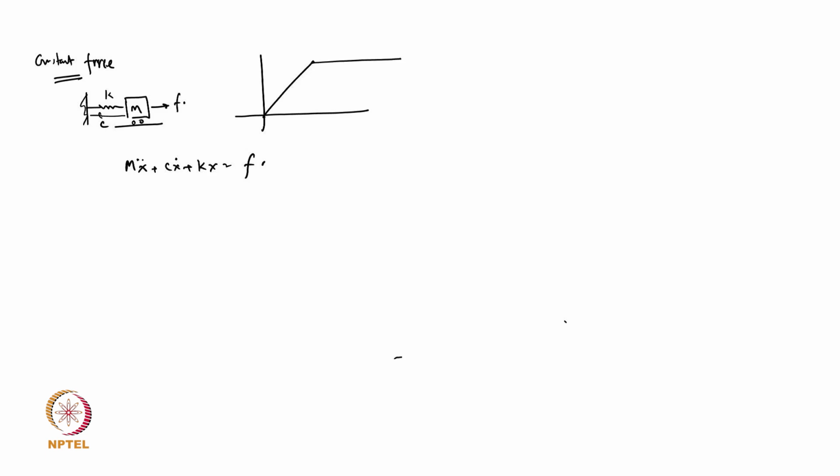Unlike the previous case, we cannot write F equal to F into e to the power i omega t, because the force is a constant force. Agreed? How do we do that in that case? First of all, what type of equation is it? Non-homogeneous. Okay, perfect. So it's again a non-homogeneous equation.